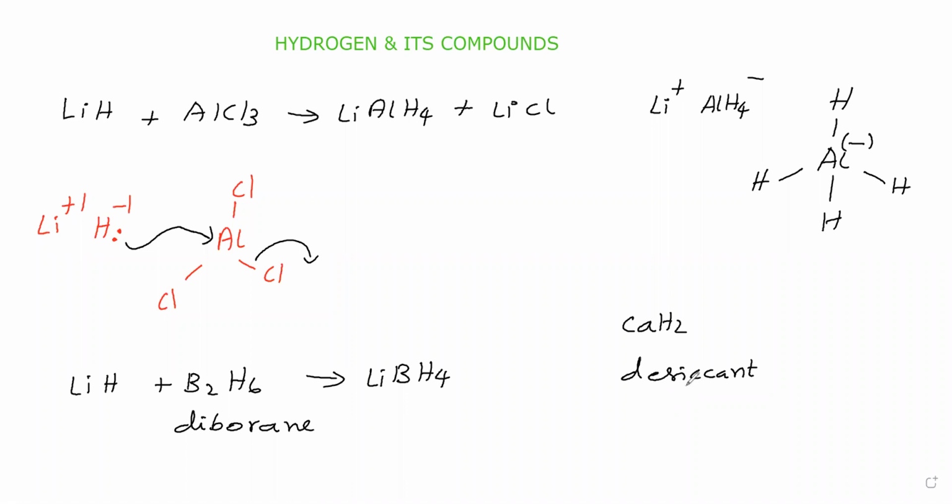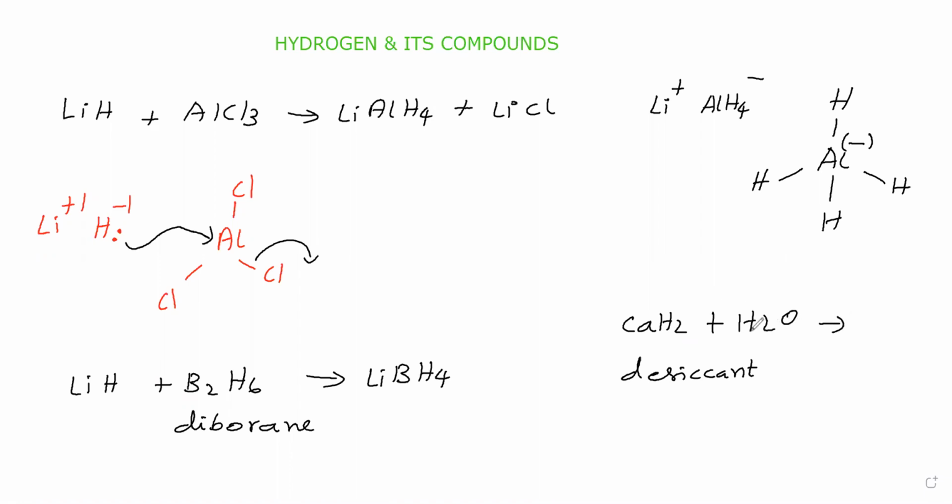Desiccant means a drying agent. Why is it used as a desiccant? Whatever has to be dried will be placed over calcium hydride. This calcium hydride is a very good absorber of water. That's why it is a desiccant.